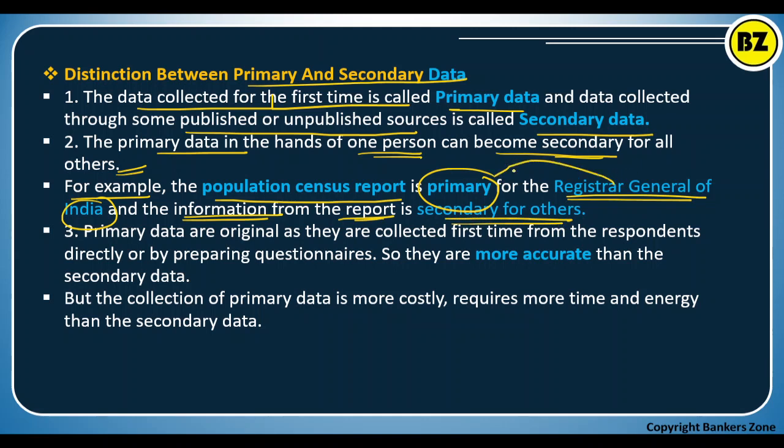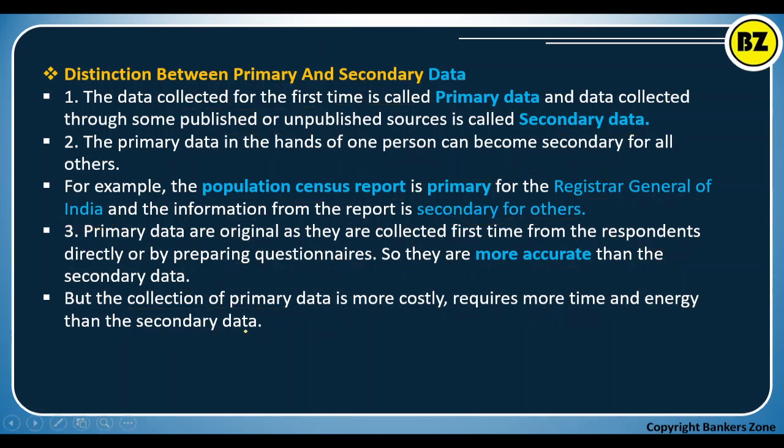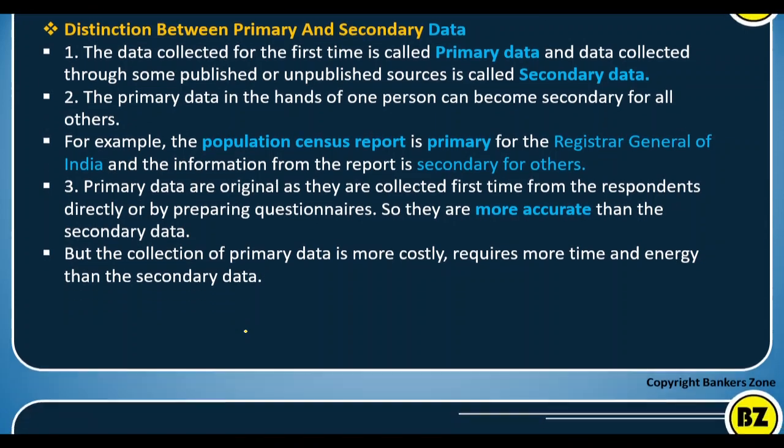Because he is using it for the first time, as raw data. Primary data are original, as they are collected for the first time from the respondent directly or by preparing a questionnaire. Primary data is more accurate than secondary data, but the collection of primary data is more costly and requires more time and energy than secondary data. So this is a basic comparison between primary and secondary data.